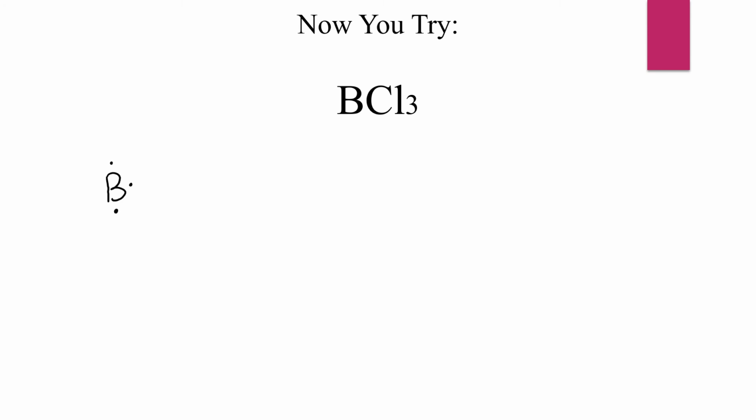I have to have 3 of them around boron, 3 Cls because there are 3. Then chlorine has 7 valence electrons. So I'm going to draw those 7 valence electrons first.